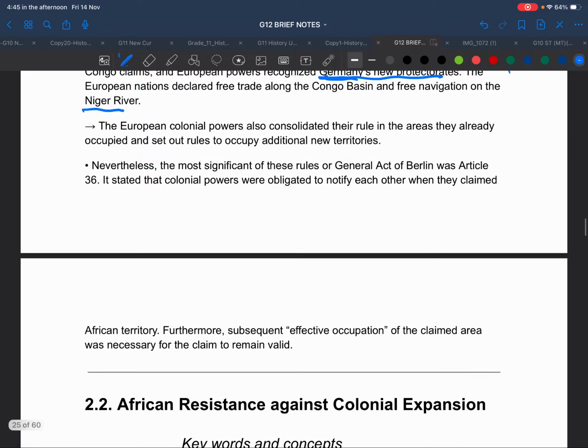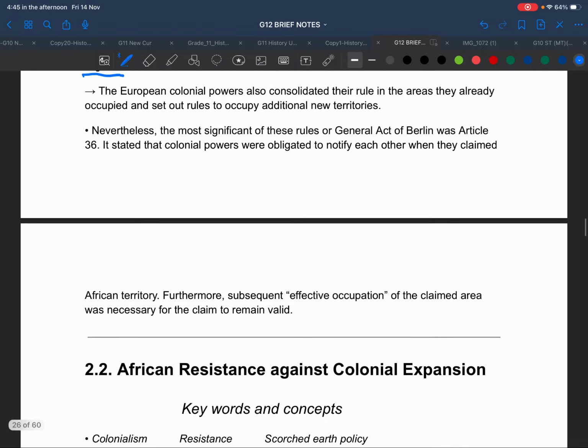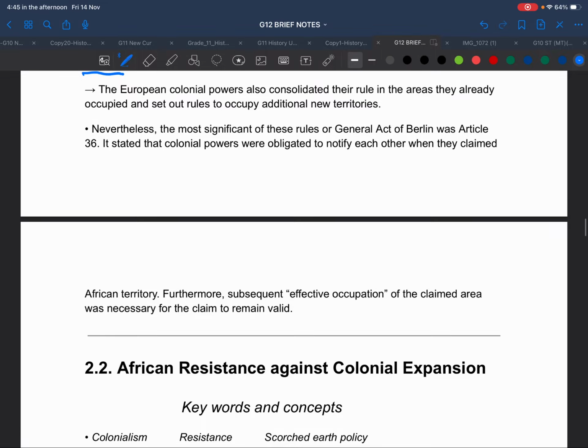The European colonial powers also consolidated their role in the areas they already occupied and set out rules to occupy additional new territories. They set out rules. Everybody should obey these rules.